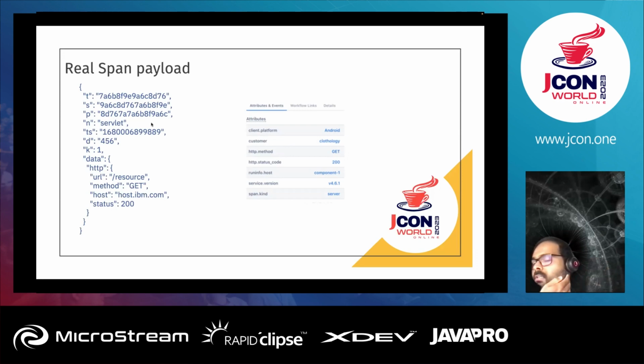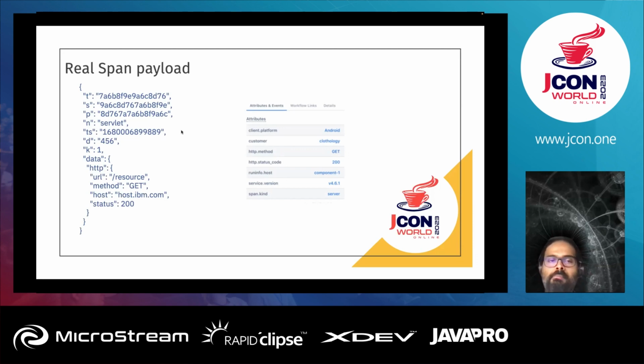Here it was a servlet service, so the name is servlet. Then TS is the timestamp at which this span was created, and D is the duration, how long it took for the span to complete, and K is the kind, a flag which decides on some additional attributes, like how much level of tracing has to be done, or whether the tracing has to be done or not.